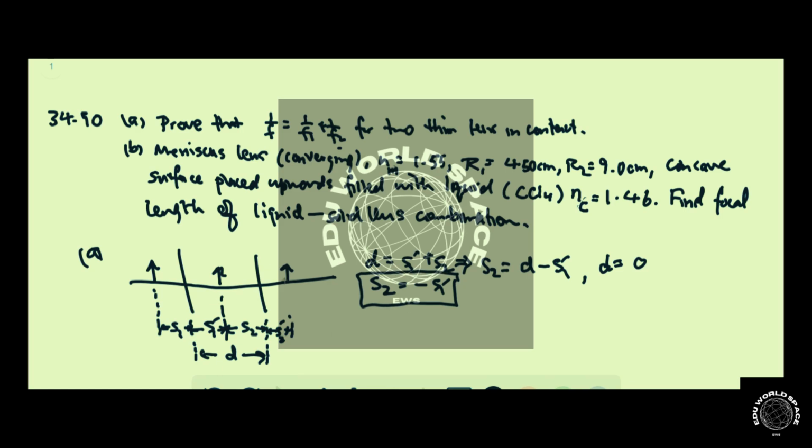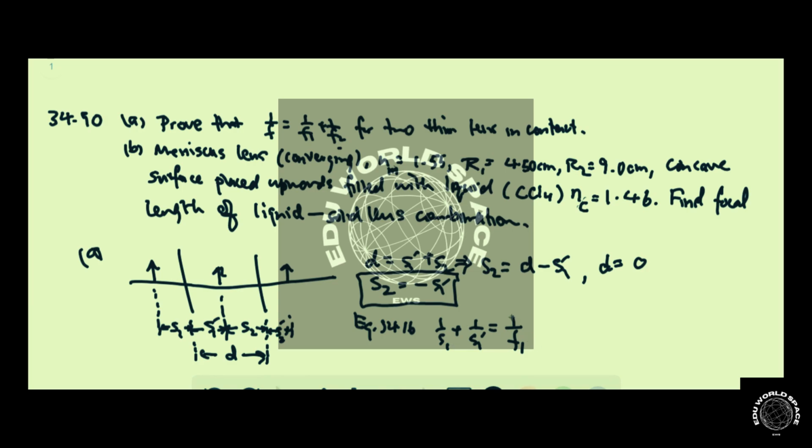So like I said before, we're going to apply equation 34.16 twice. That is, we're applying this equation for each one of the lenses. So we'll begin with the first lens, and we'll use this index 1 to denote that we're talking about the first lens here.